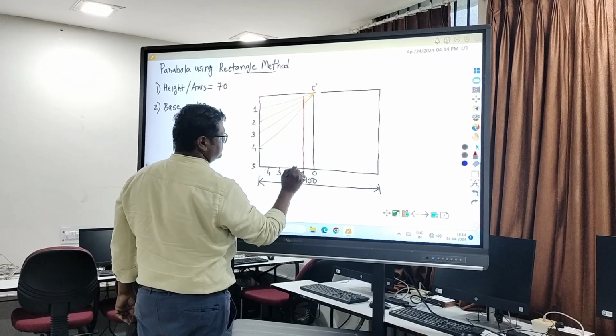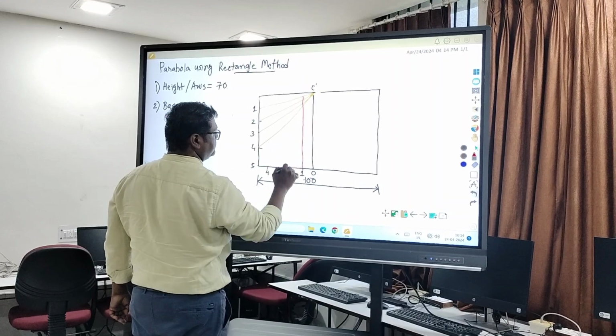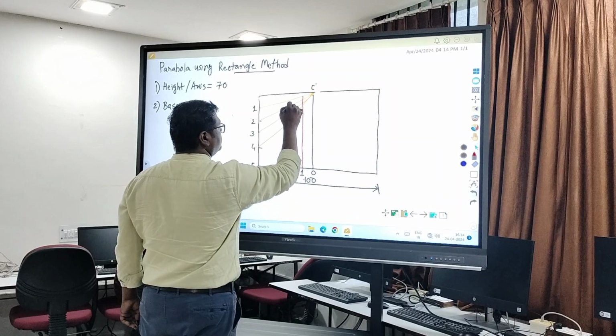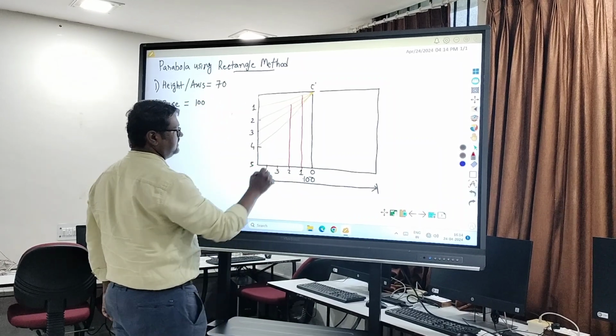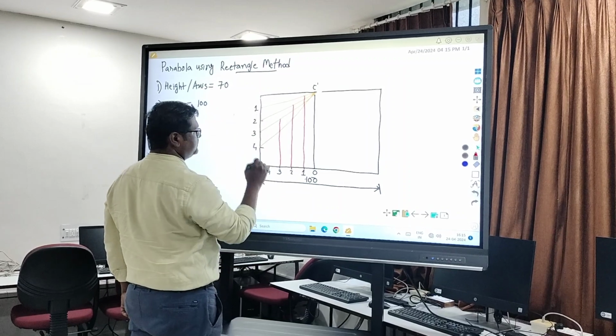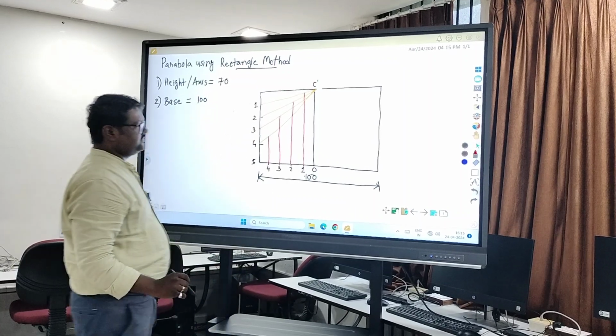So this line from point 1 is extended up to this point, then the line from point 2 is extended up to this point, the line from point 3 is up to this point, and the line from point 4 is up to this point.